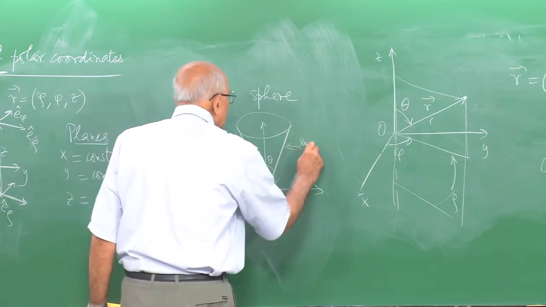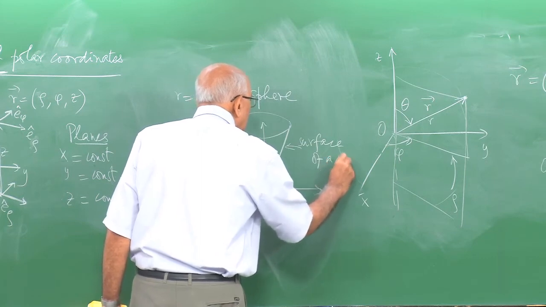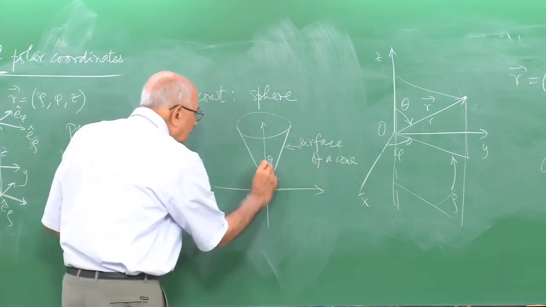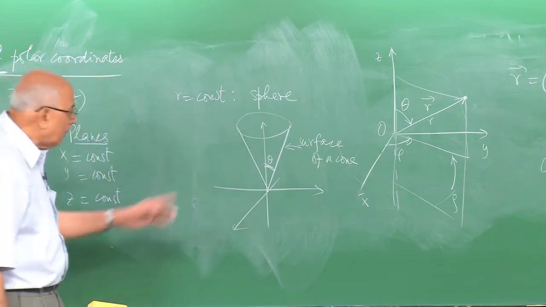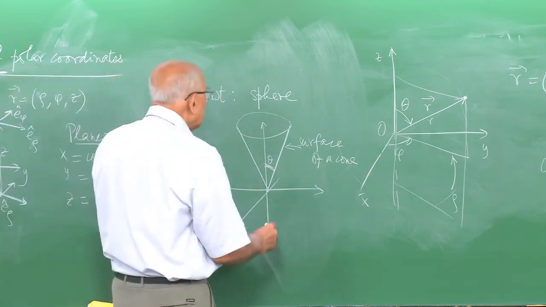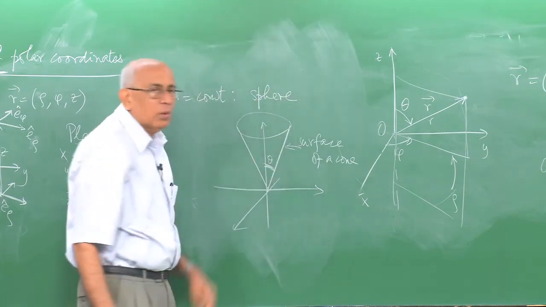So this is the surface of a cone whose half angle is theta. The half angle at the base is theta, and that surface, which goes all the way to infinity, is what theta equal to constant is.